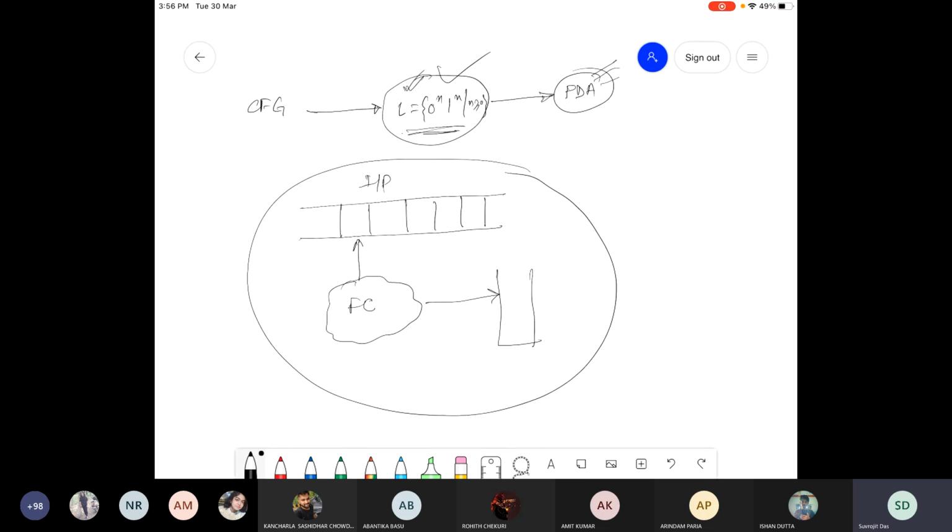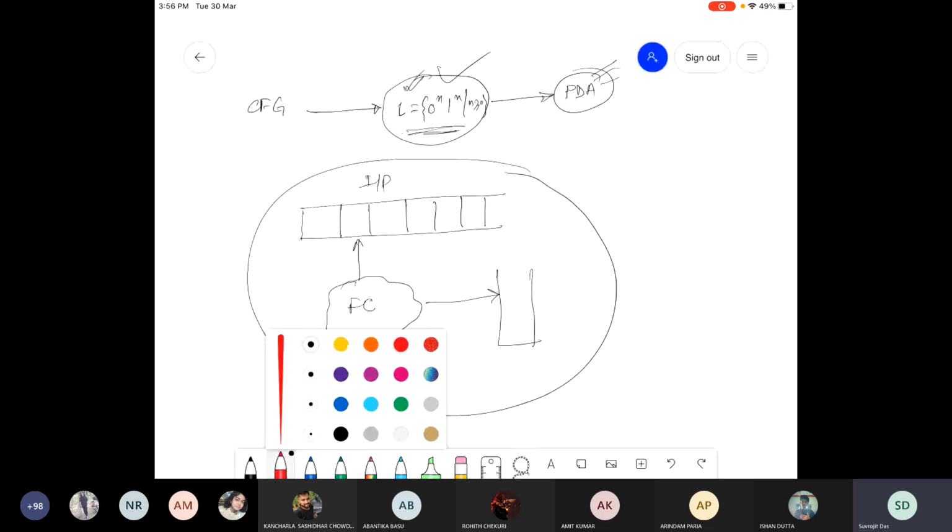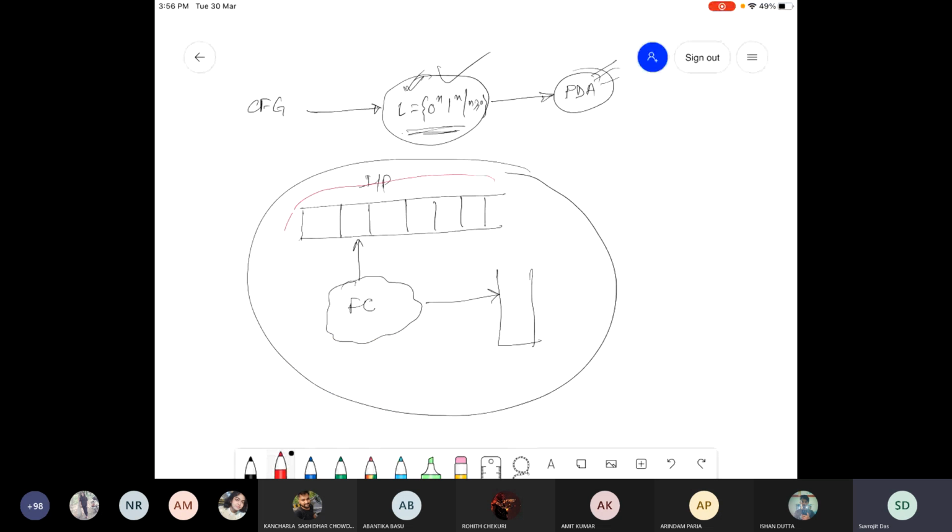So there is a finite control, and this portion was for the finite state machine, finite automata. If I talk about only the input and the finite control, it's a finite state machine, FSM.